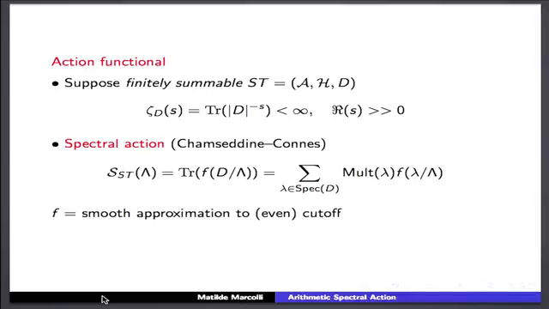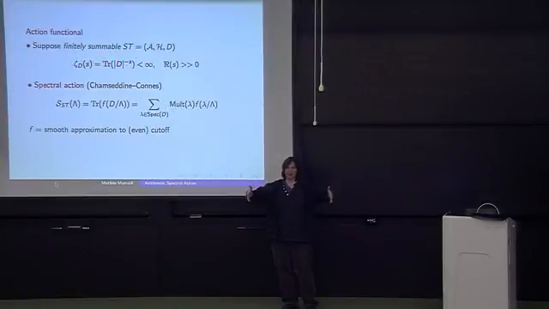And the way one defines this action functional, if you think of it in this spectral triple sense, what you have available is the Dirac operator. So you define an action functional that's built on the Dirac operator. What you do is essentially choose a cutoff scale and chop off the spectrum of the Dirac operator at that scale.